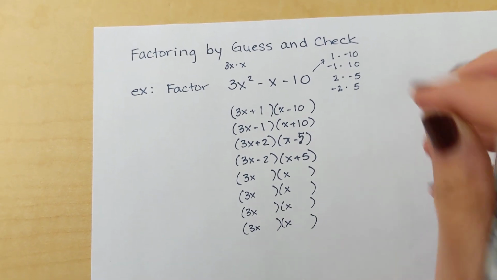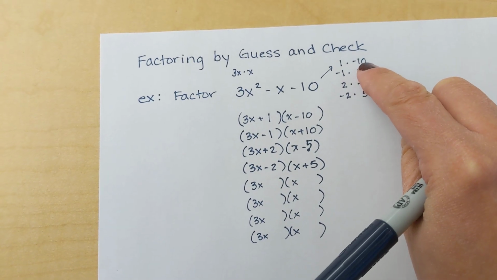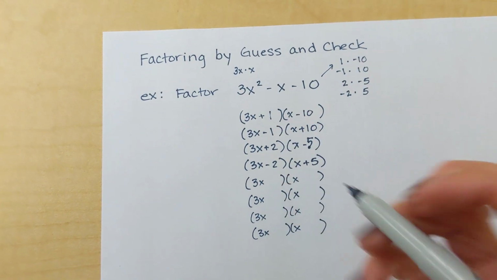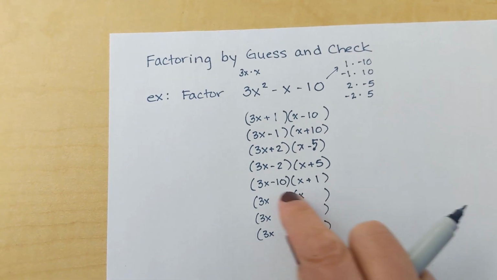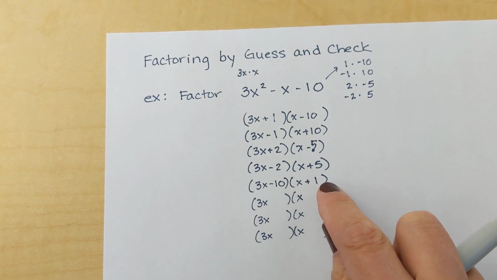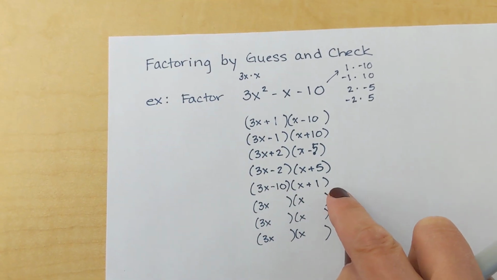So whereas my first factor pair was a positive 1 and a negative 10, if I switch that and I write the negative 10 here and the positive 1 in the second parenthesis, this combination is going to be a different combination than the first one. So I need to also include it.